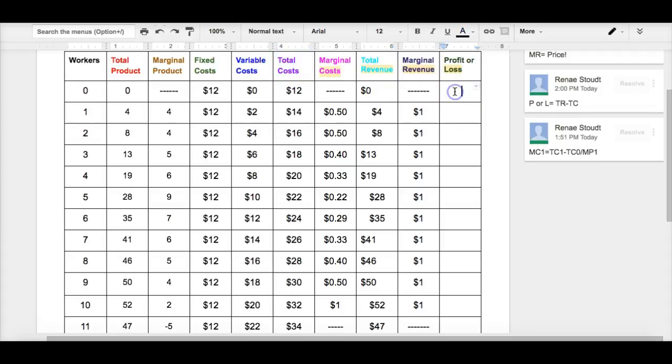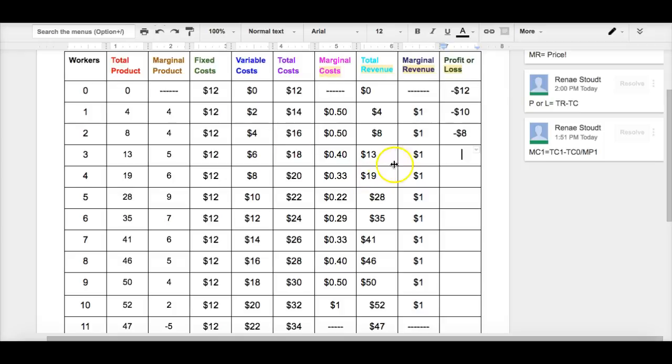Okay? So at 0 workers, we're taking 0 minus 12, so we get a loss of $12. At 1 worker, we're going to subtract 4 minus 14 to get a loss of $10. At 2 workers, we're going to subtract 8 minus 16 to get a loss of $8.